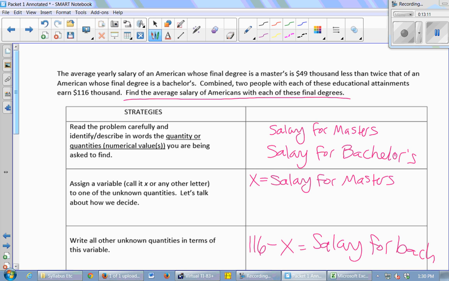What equals what? That's okay. Yeah, it's a good start. 49,000 less than something, so it's minus 49,000.